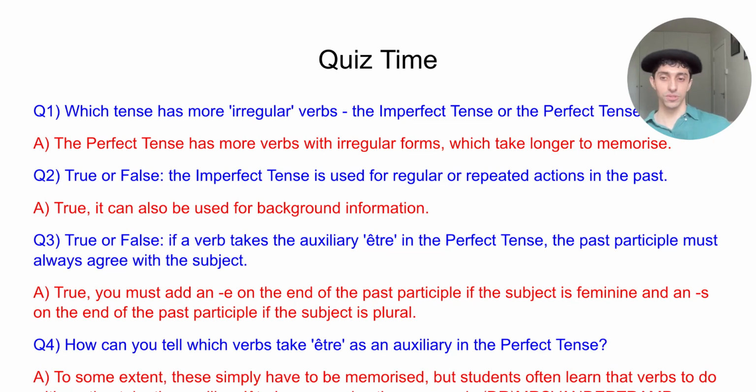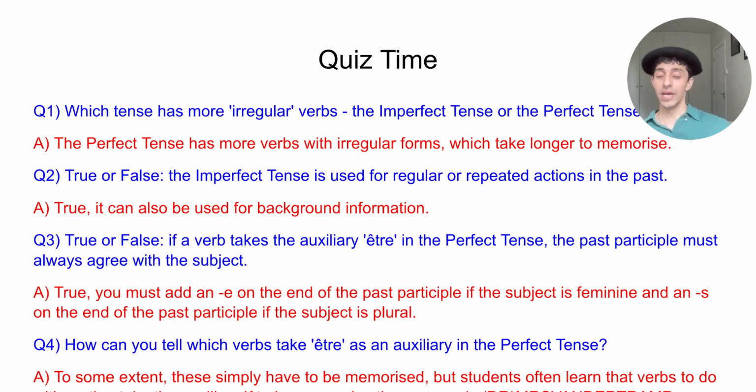A lot of students are told that it's verbs to do with motion which take the auxiliary verb être instead of the auxiliary verb avoir. Avoir is actually a more common auxiliary overall. To some extent, that's true, but certainly not every verb that takes the auxiliary être is related to movement or motion. It can be a useful general rule or rule of thumb perhaps, but not a hard and fast rule at all.